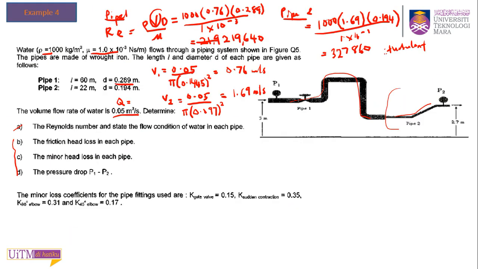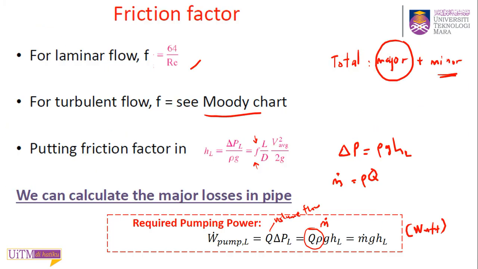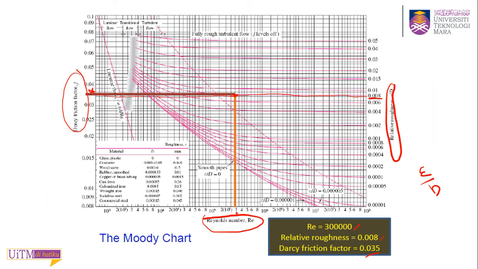So we go to the Moody chart. Where is the Moody chart? Okay, so our Reynolds number is 64,809. So this will be 1, 2, 3, 4. So 6.5 times 10 to the power of 4.